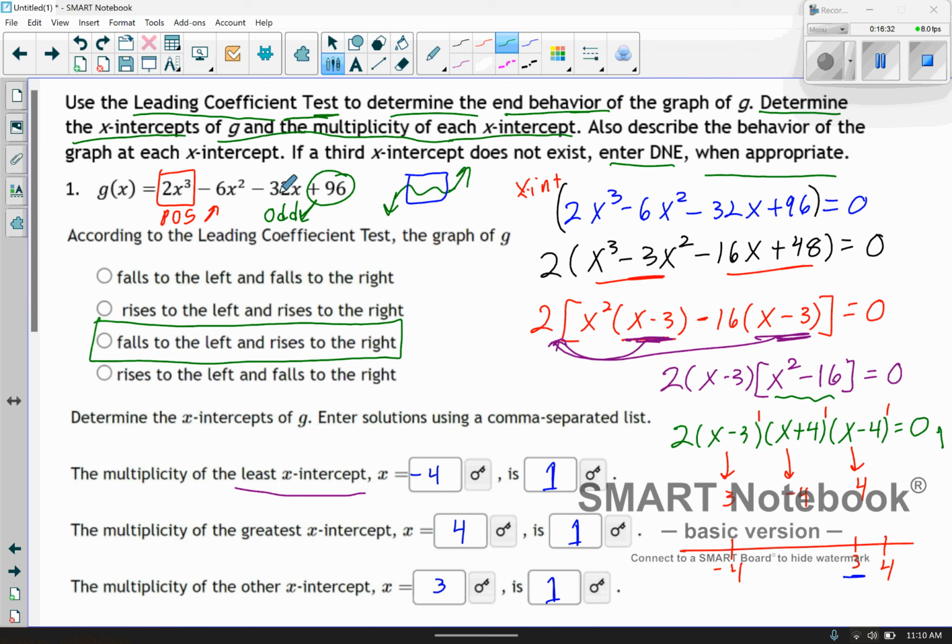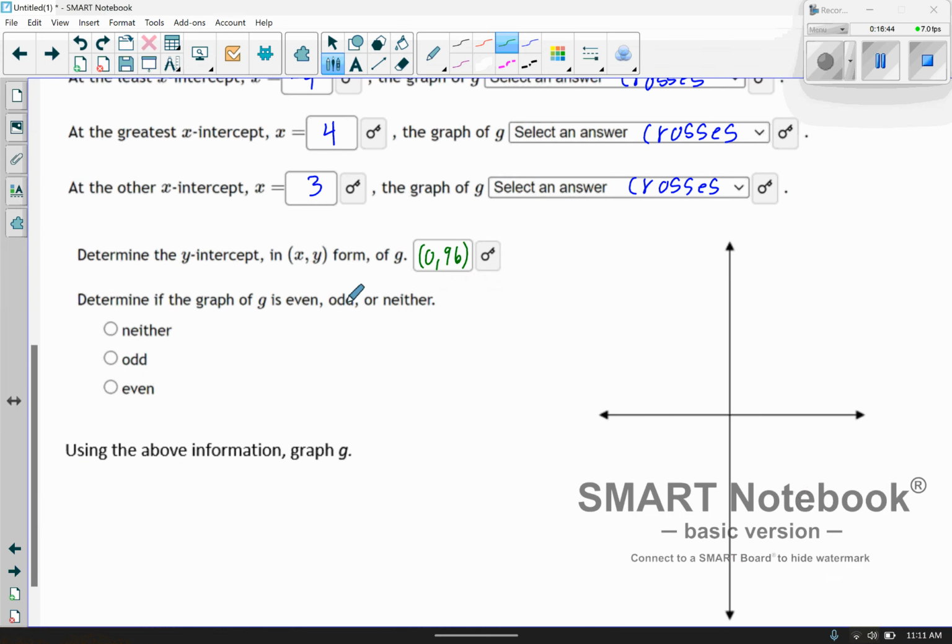Like I said, most of these are going to fall into the neither category. It's real simple. If they're not all even, they're not all odd. Right away, you know if all your powers are neither even nor odd, then you don't need to think any further about it. So that one's going to be neither. It's not going to come up very often, but it will a little bit.